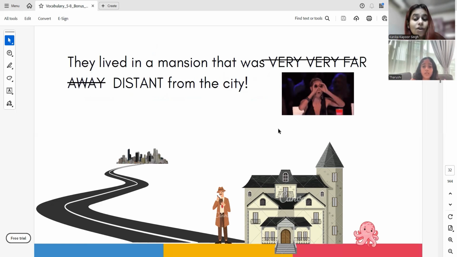So in place of very, very far away, we will use distant. What are we going to use? Distant. Distant means that it's far. When I'm writing, I'm very lazy in writing. I can't write one, two, three, four words, very, very far away. In place of these four words, I'm going to write only one word, that is distant.